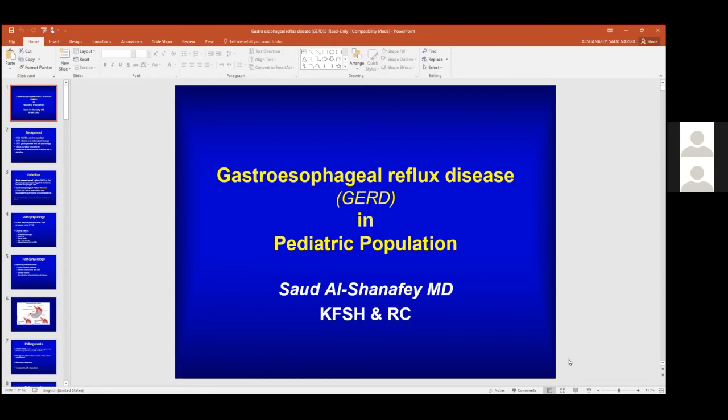Another question: if we have a newborn with muscular atrophy who is ventilator dependent with severe GERD, and gastrostomy feed is needed and he's scheduled for tracheostomy, would you go for gastrostomy in the same sitting? Would you please repeat the question? I'm sorry, I didn't hear part of it.